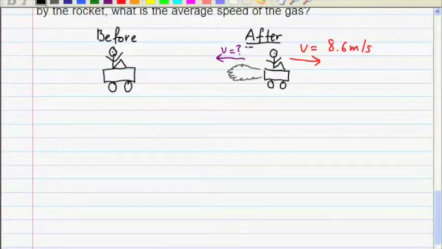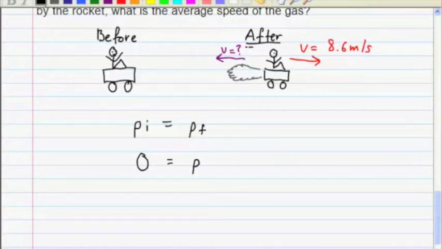We know that our total initial momentum has to equal our total final momentum. Now this is nice and simple because in the initial case, Landon is sitting there on that pile of rocket fuel, but they're not moving anywhere. And so the total initial momentum has to be 0. Now in the final case, Landon's moving forward.